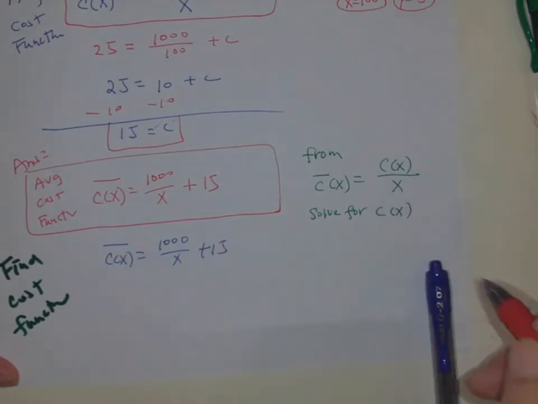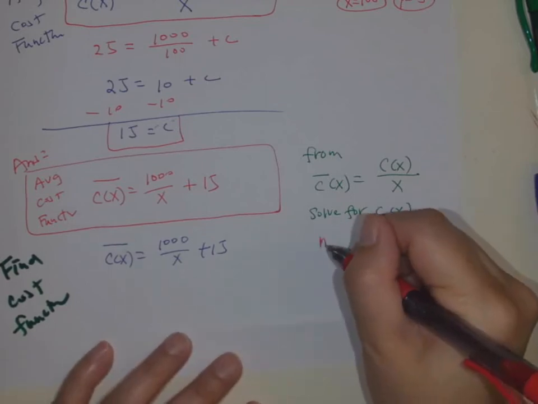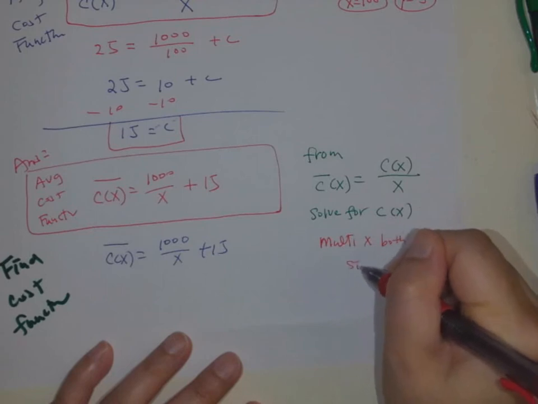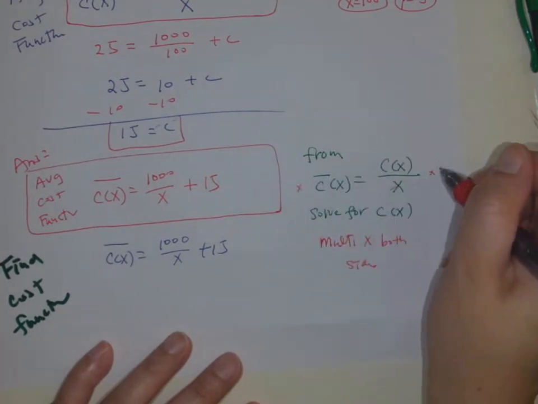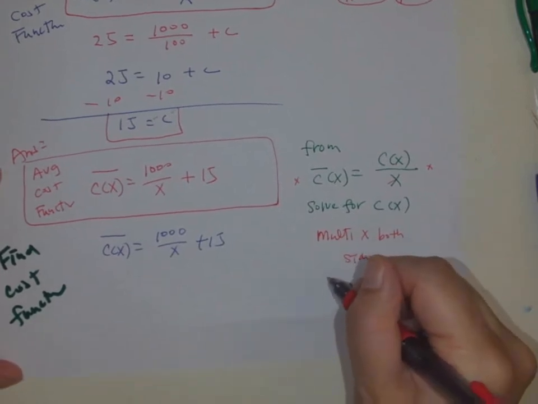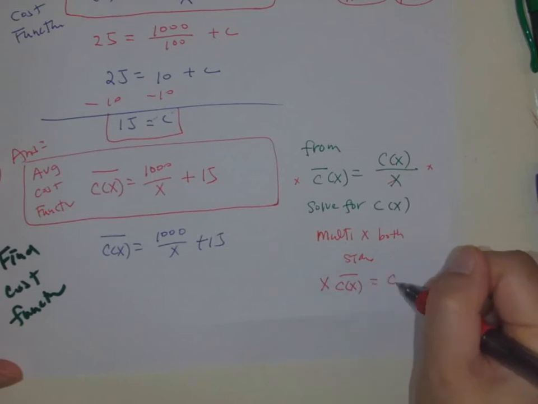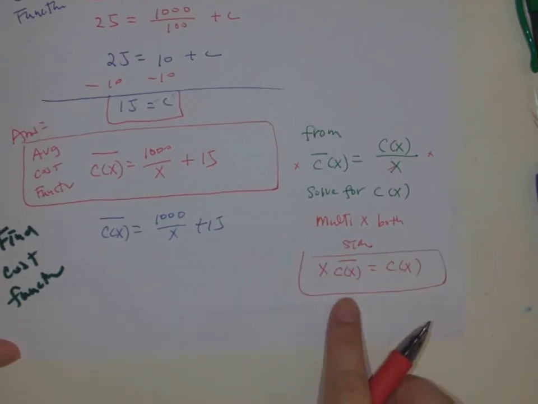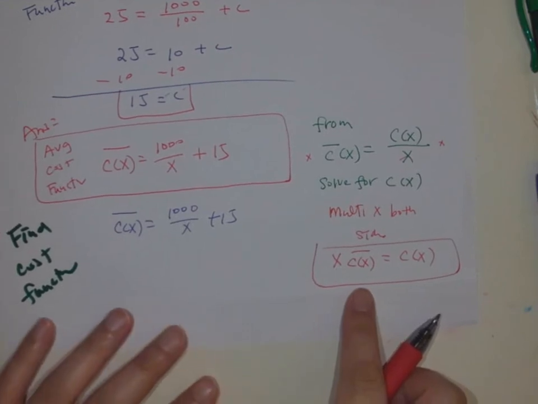And then if we multiply both sides by x, you have x here and x here, so this will get canceled, right? Then you have x times bar c of x equal to c of x. So basically, in order to find the cost function from the average cost function, you need to multiply x on both sides.